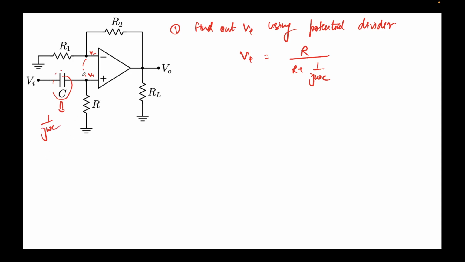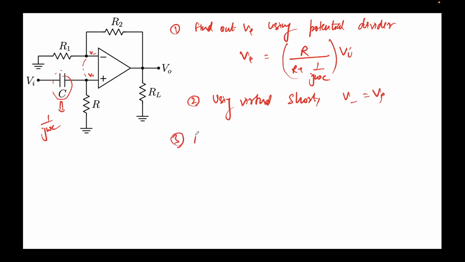So V plus is this times Vi, and using the virtual short, V minus will be equal to V plus.